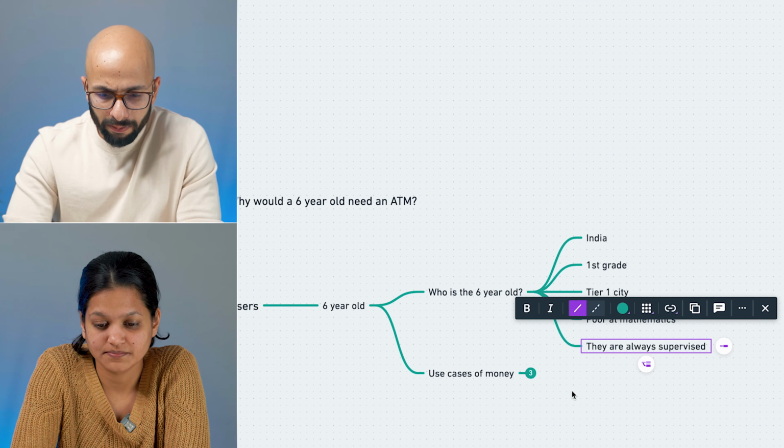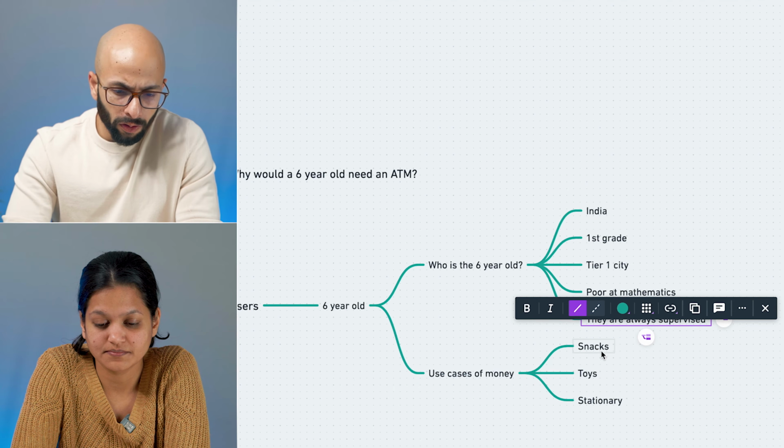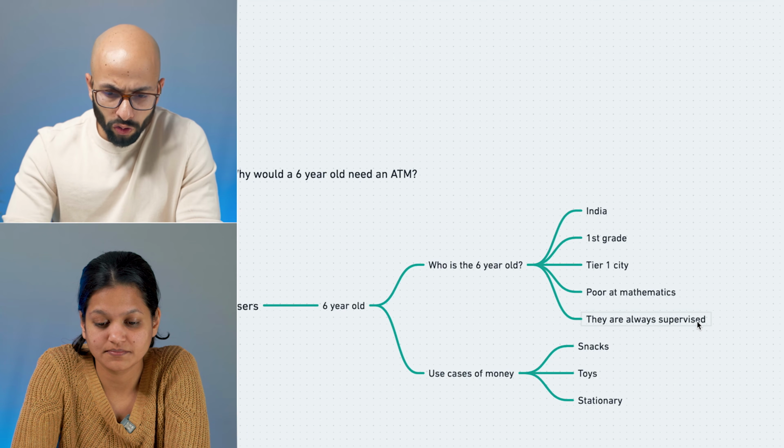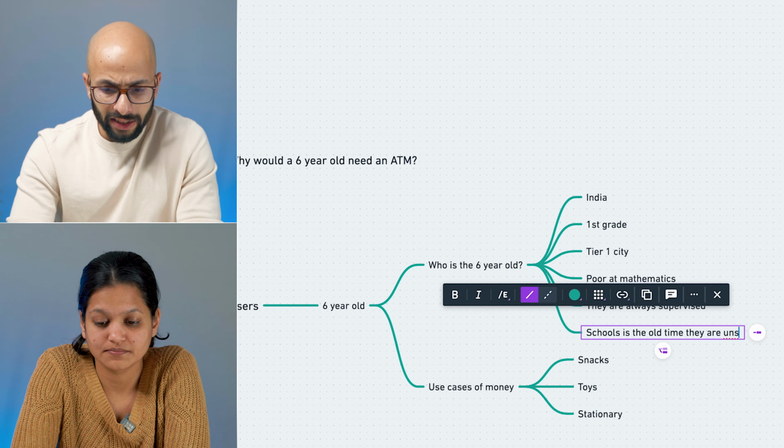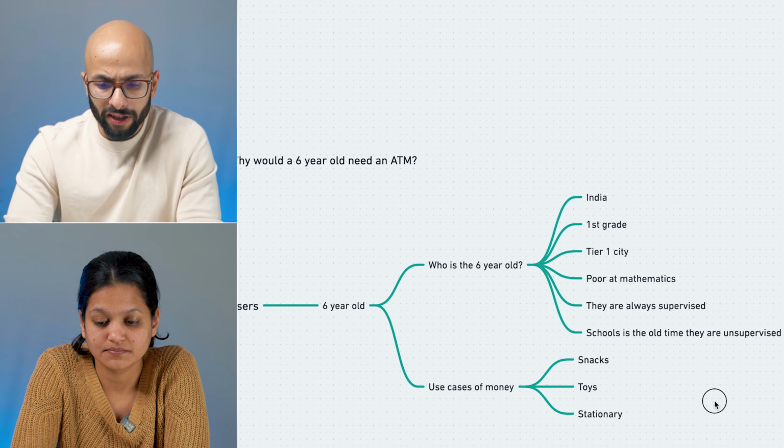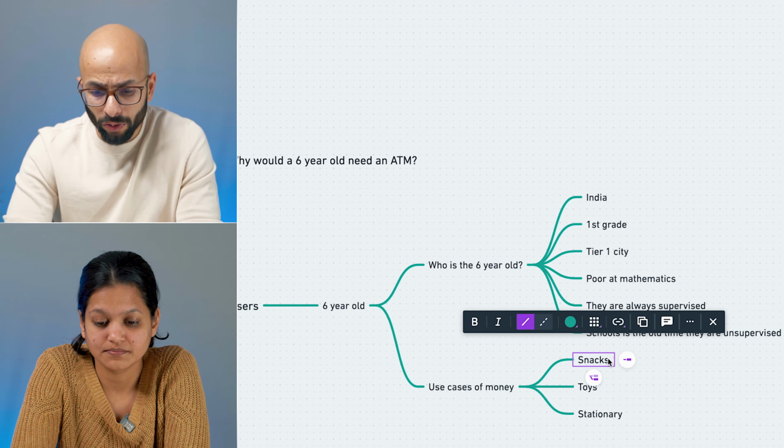So then for the use case of the money, I'm going to prioritize school, because school is the only time they are unsupervised, in the sense that they're in school basically, right? And snacks is the only thing.